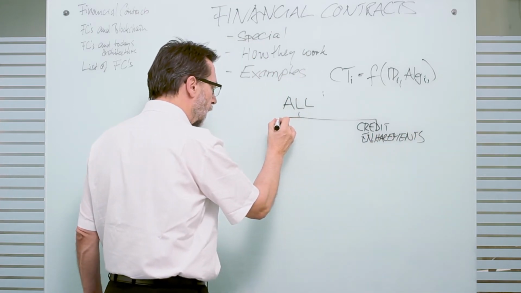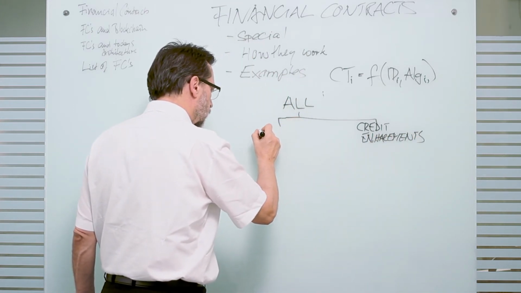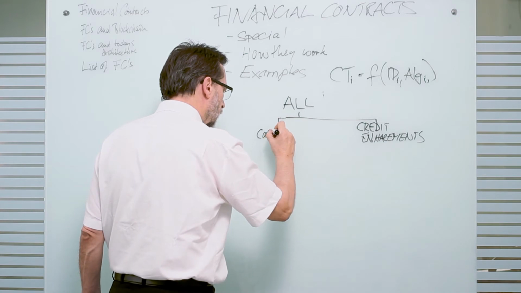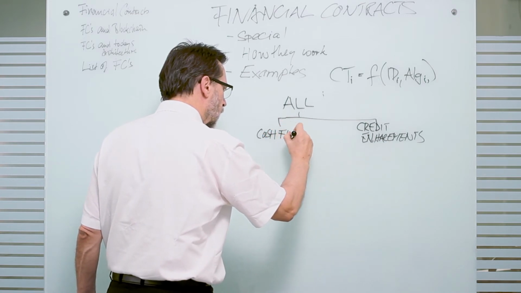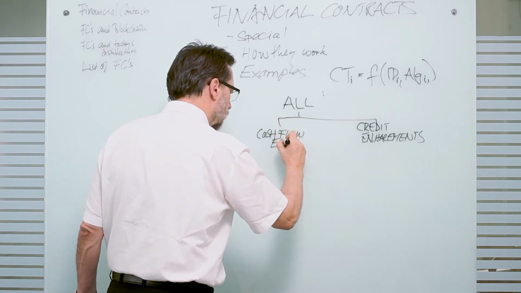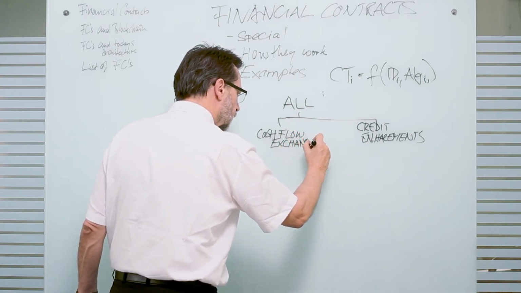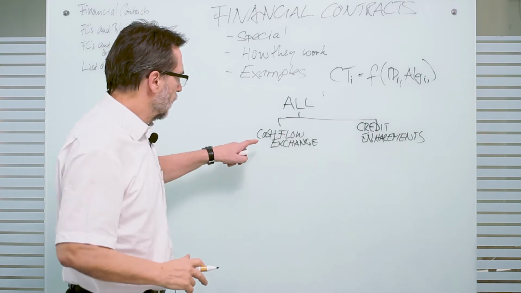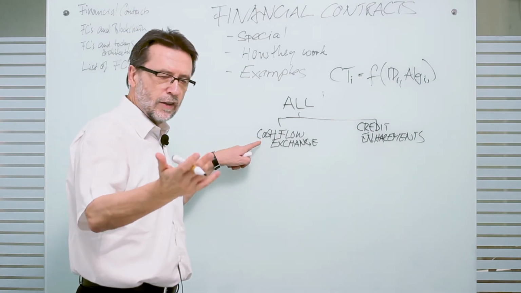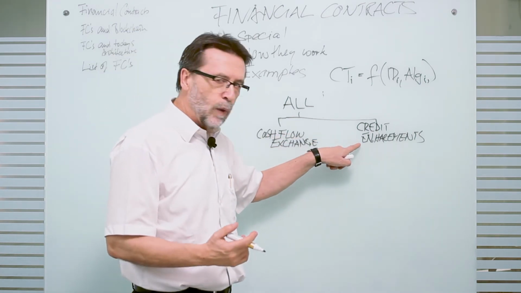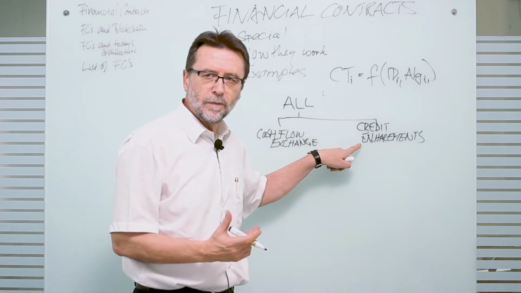And the other one are what I just said, the cash flow exchange. So here we define how we exchange the cash flows. Here we define what happens in case of default.